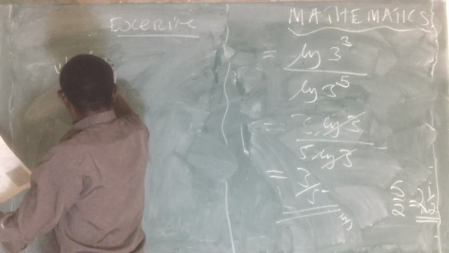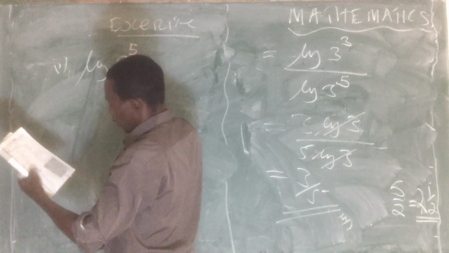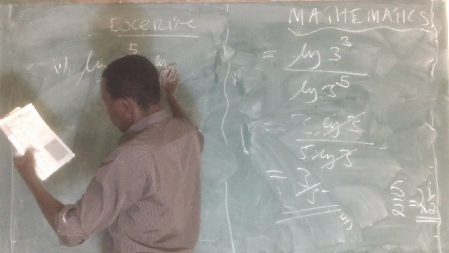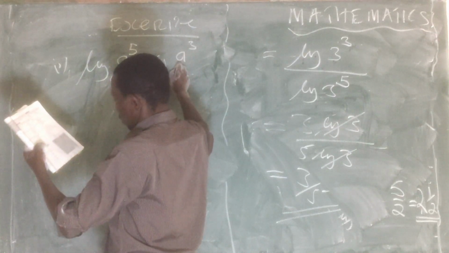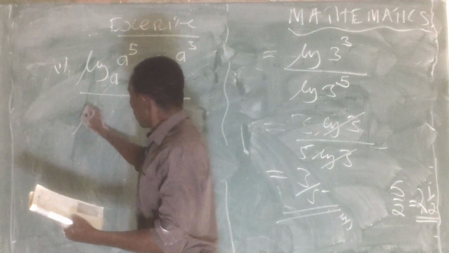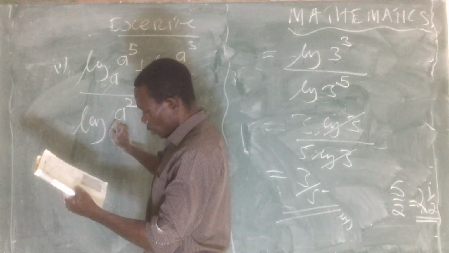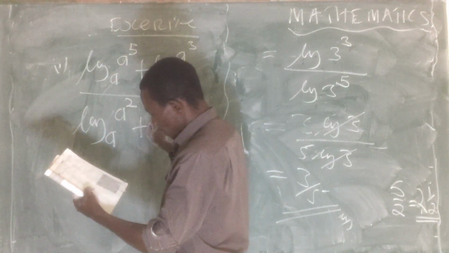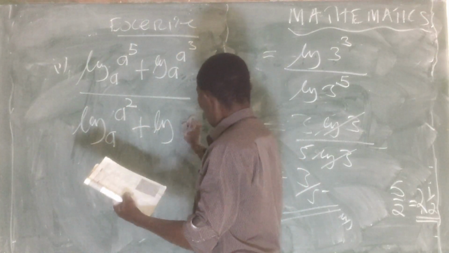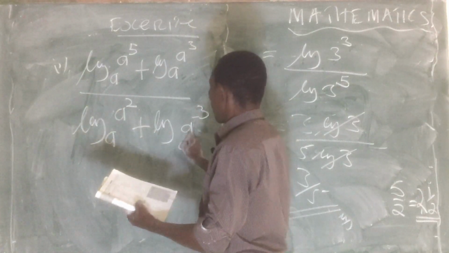Log of 8 to the power 5 to base a plus logarithm of 8 to the power 3 to base a over log of a to the power 2 to base a plus log of 8 to the power negative 3 to base a.